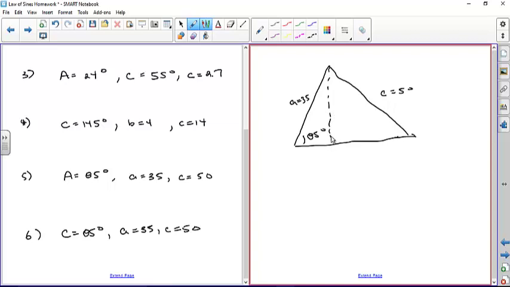If you look in your book, if this number is greater than this number, then there's only one solution. That's because if I took this length side and rotated it around, it's not going to intersect this here.